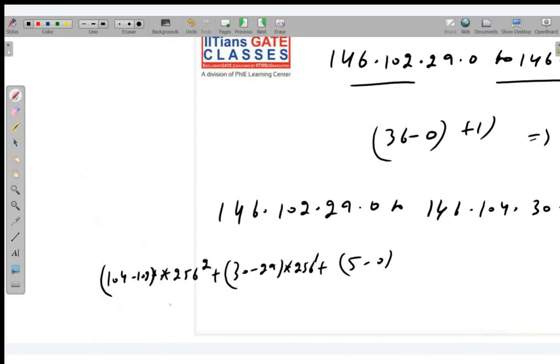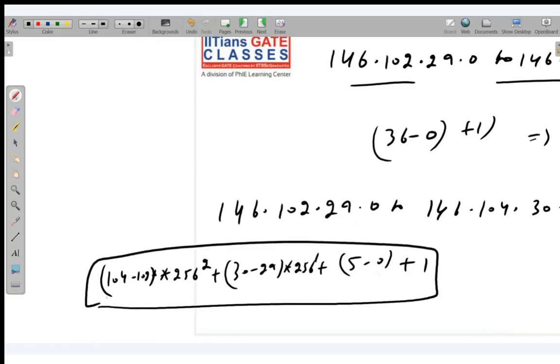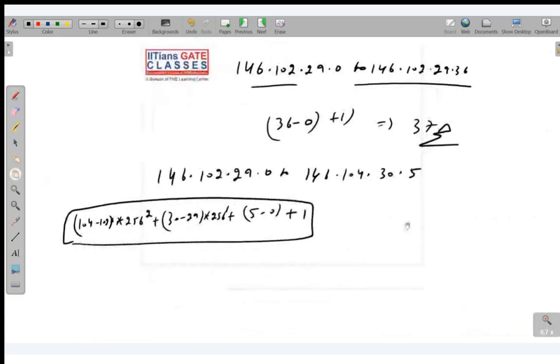That's it. And plus 1 you have to do. So solve and get the answer. I'm not going into details of this, just to save time. You can take the snapshot. So that's it. I think now the range type of question will not create any problem in anybody's mind. So the range type of question is over.